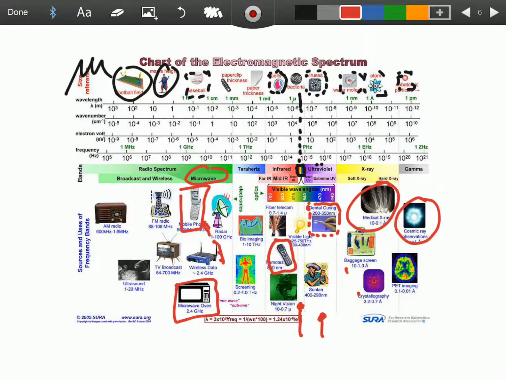And then radios, obviously, the AM, FM radio stations, television broadcasts, radio towers. I'm not sure why ultrasound's on here, because I'm pretty sure that uses sound and not light, but maybe I'm wrong. Anyways, so those are some of the uses of the different types of light that we have.